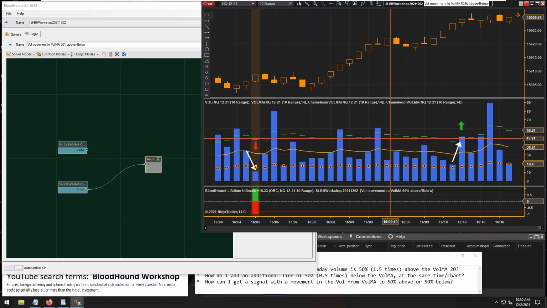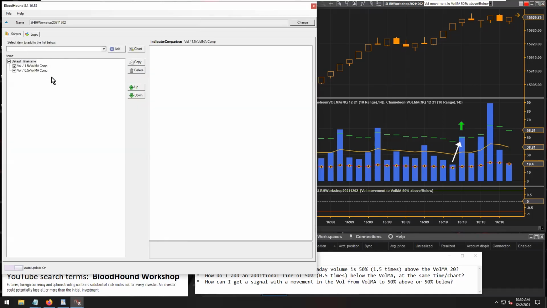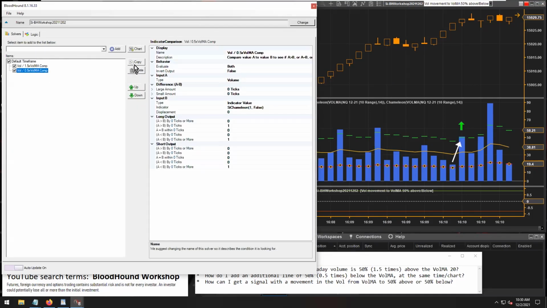But I think a more useful way is probably to have another comparison solver. So let's create another comparison solver. No, actually, now that I think about it, we wouldn't be able to do this with one solver.